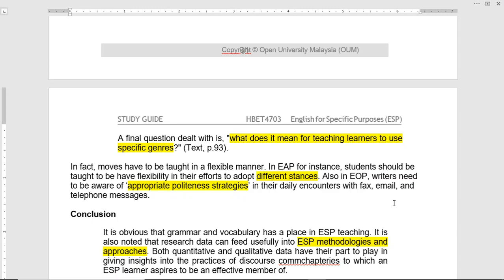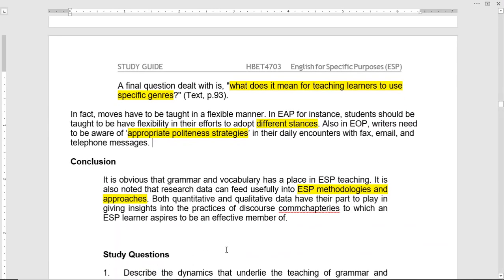Argumentative, or you may use the words, the genre, the discourse, to persuade the reader. For example, so English for specific purposes, methodologies and approaches can be different.